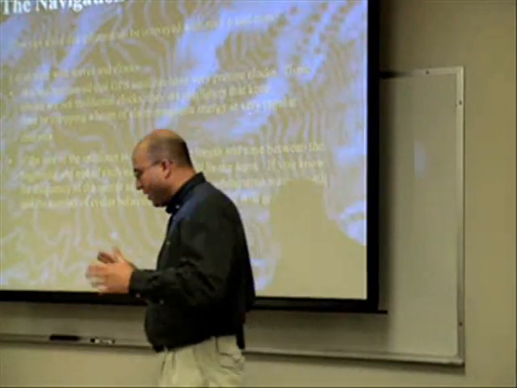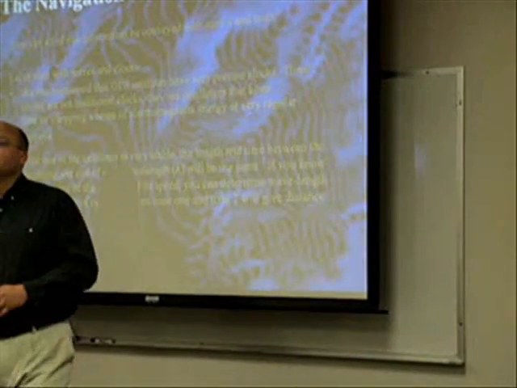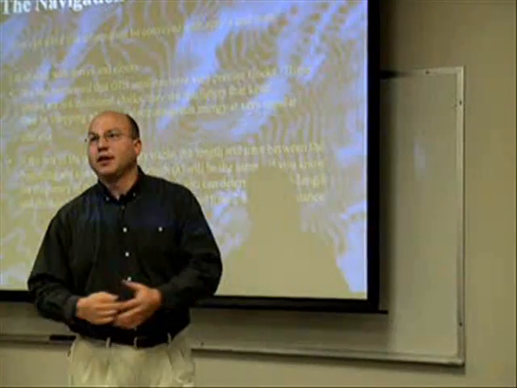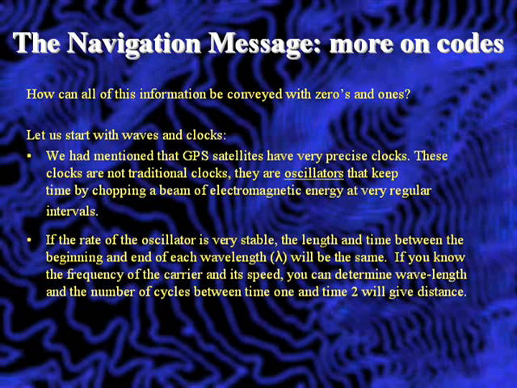Now, how is all that information actually transmitted? Well, as in all digital systems, it is zeros and ones, the binary code. Now let's step back for a minute and take a look at the core principle of GPS, which is time and the waves that transmit the signal. What we see is that there are oscillators that keep chopping an electromagnetic energy beam, so you can determine very exact time and very consistent time intervals.